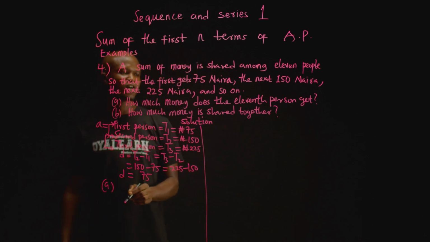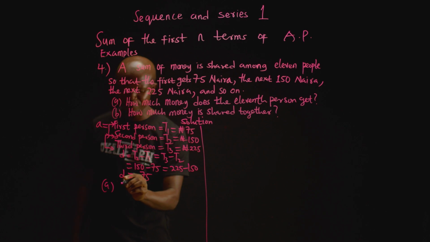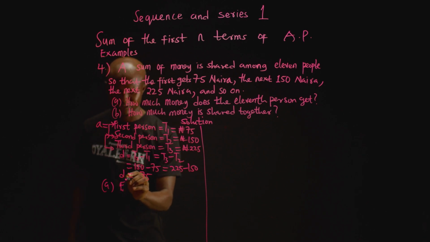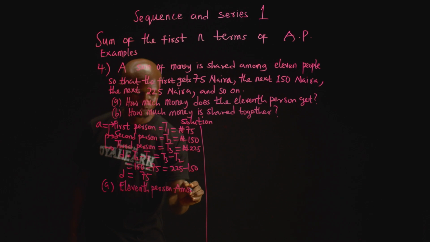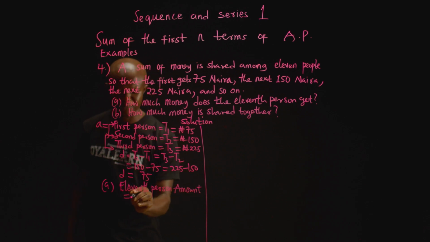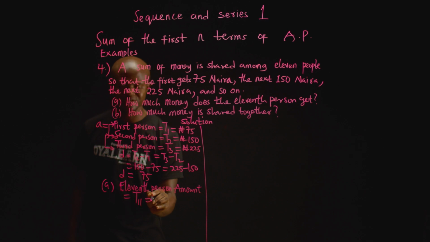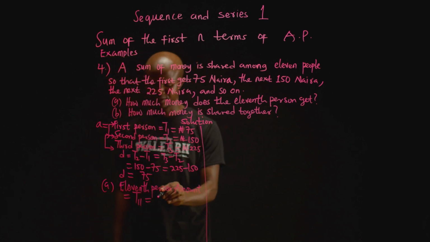The 11th person's amount we represent as T11. What does T11 mean under AP?